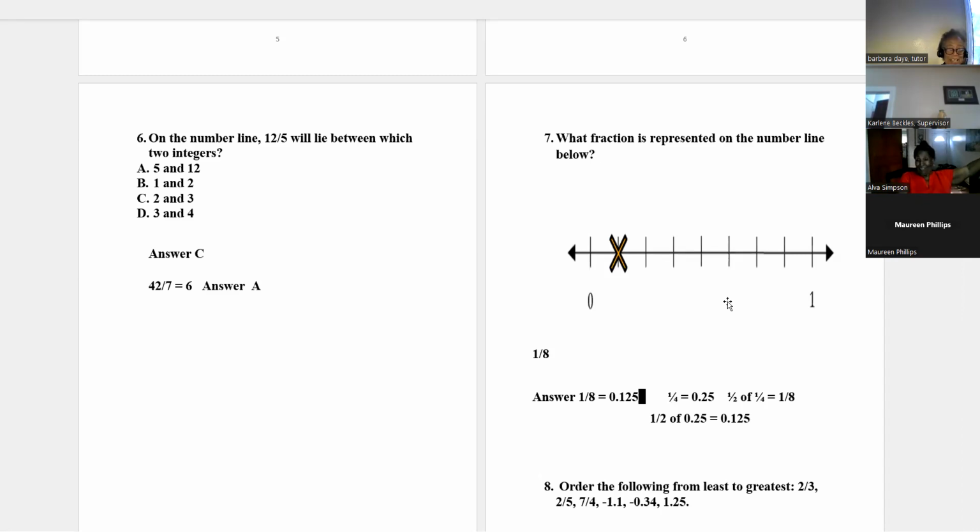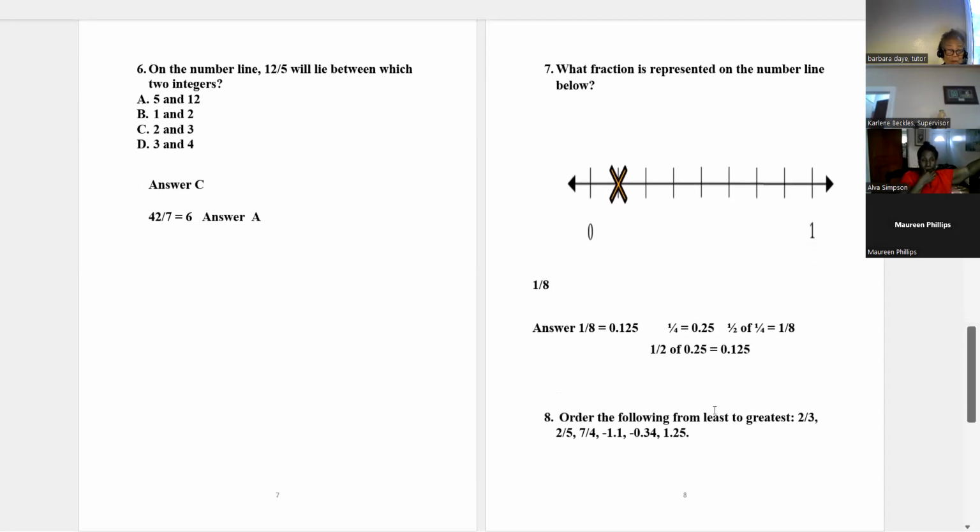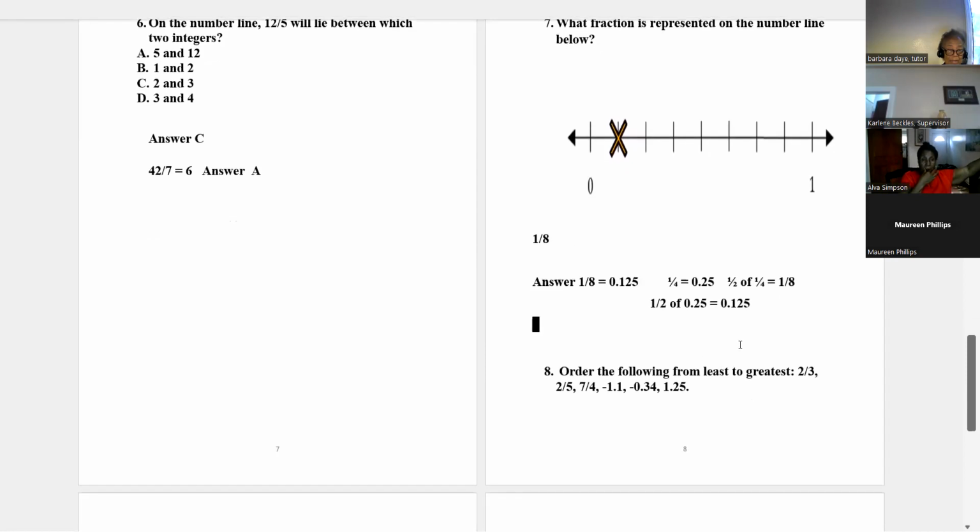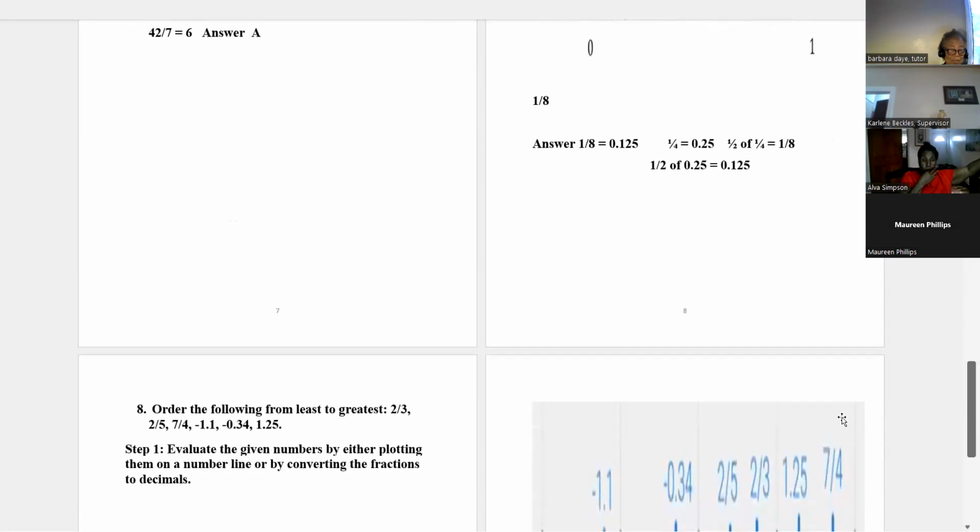Now, there's one other thing I want to go over with you. I want you to be able to put things in order from either least to greatest or greatest to least, largest to smallest, smallest to largest. There are a couple of ways you can do it when they're not all in the same format. If they're not all decimal, you can make them all decimal and then put them in order.